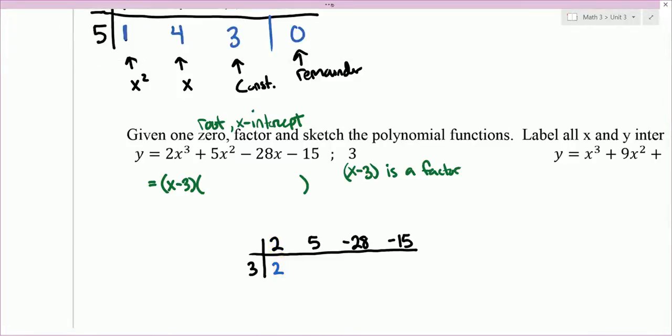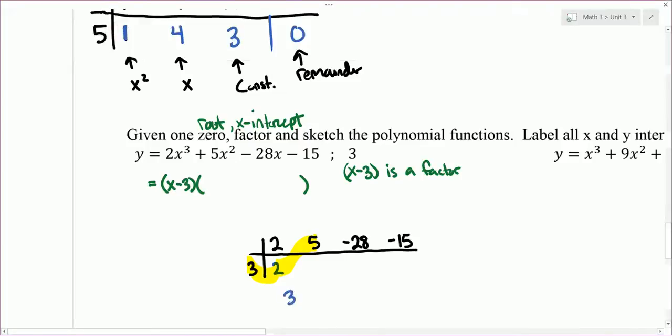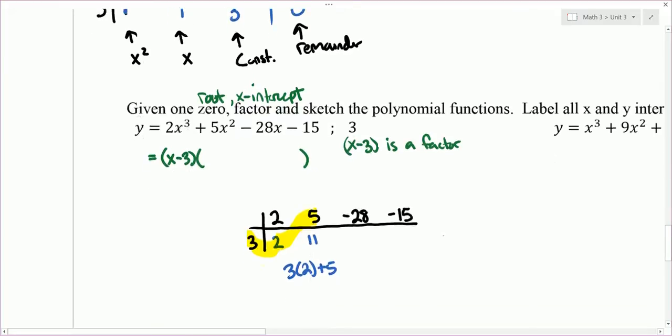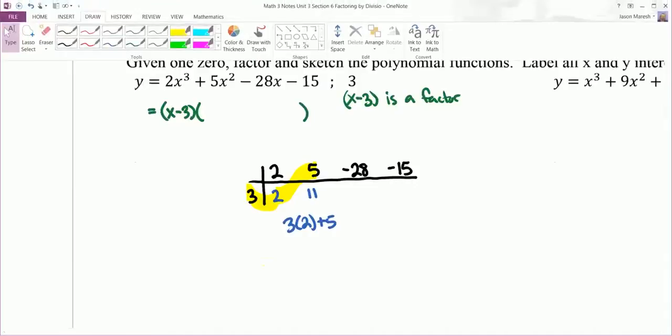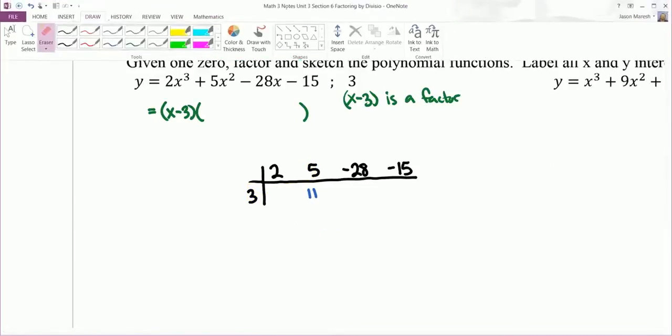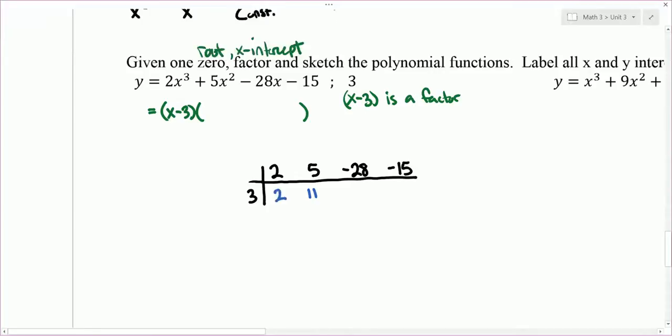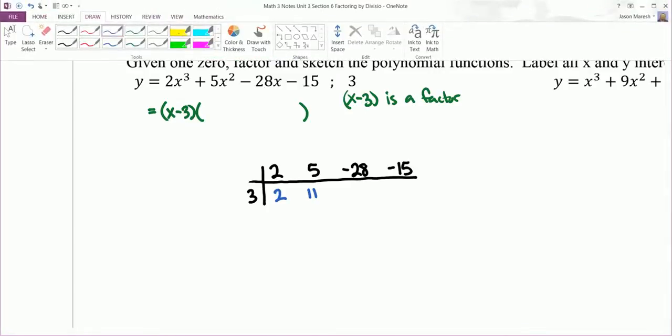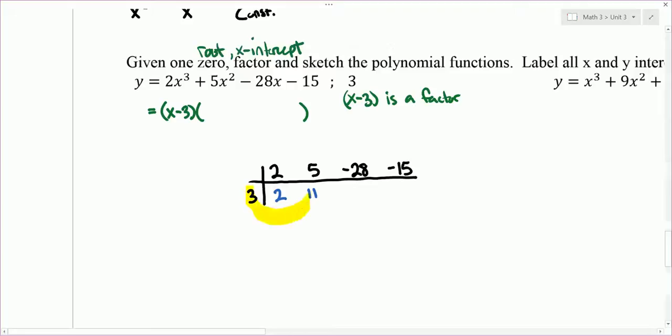And then we're going to multiply 3 times 2 and add it to the 5. 3 times 2 is 6, plus 5 is 11. Put the answer right beneath the 5. And then we're going to multiply 3 times 11, and then add negative 28.